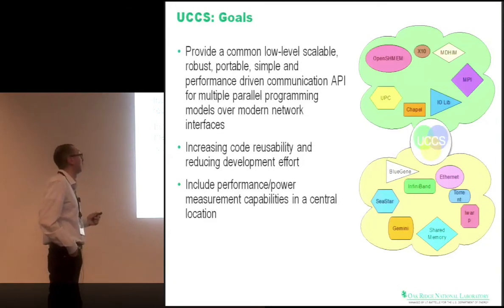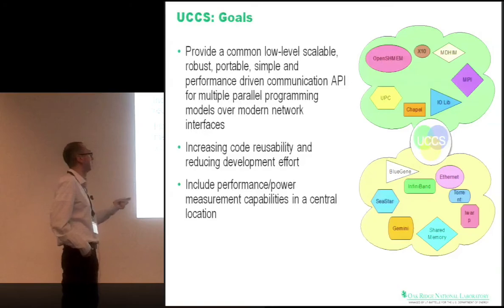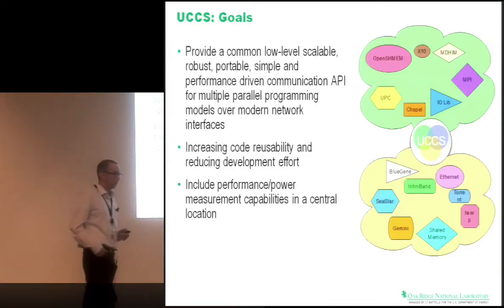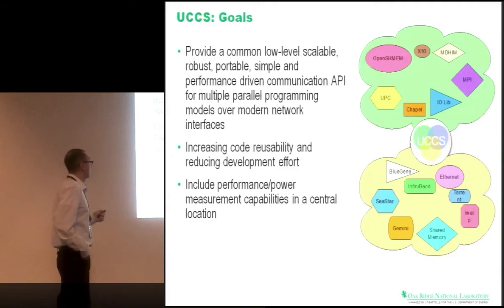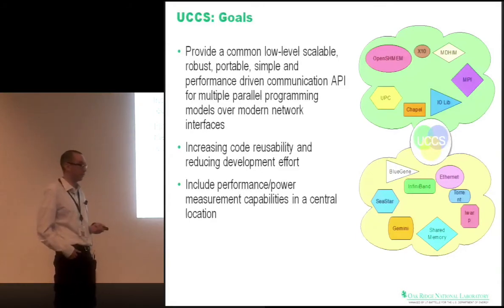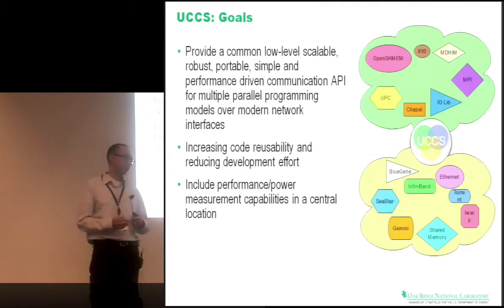We want to support programming models like OpenSHMEM, UPC, Titanium, Chapel, and MPI, and underneath, the intent is to support different interconnects: Gemini, Cray, InfiniBand, Blue Gene, and so on. The idea is to reuse the same code for different programming models and create a bigger community that may work on this network layer.